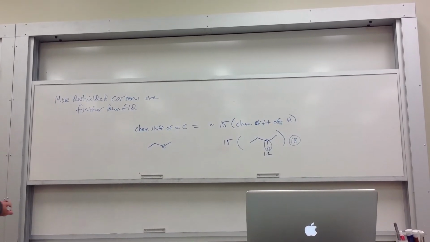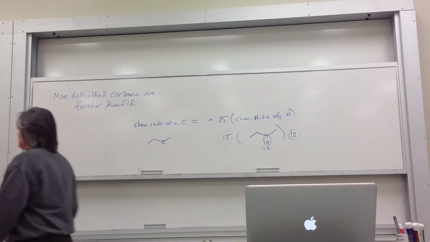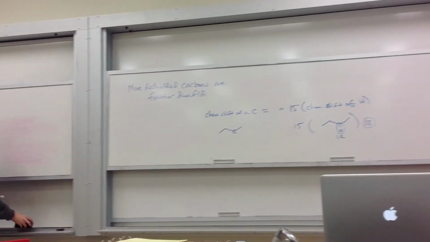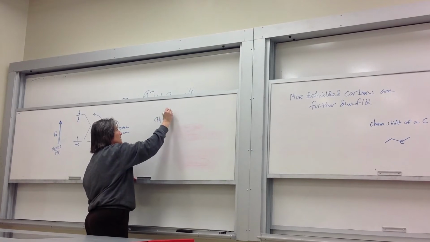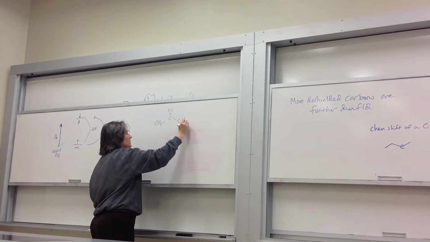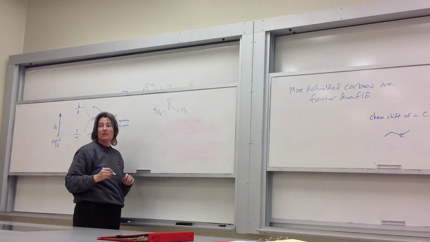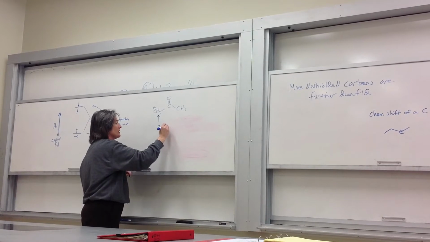Okay, let's do another one. Let's look at acetone. Let's say I want to know what the carbon is. Well, the hydrogen for acetone is 2.1 parts per million.